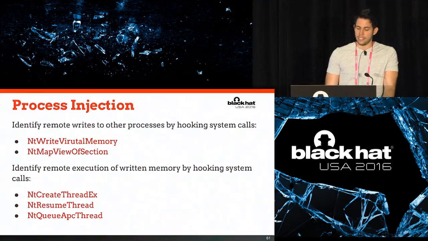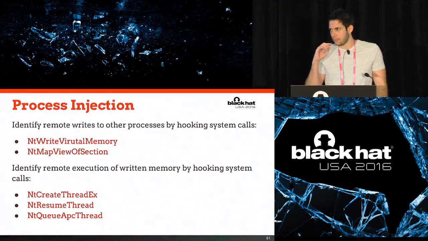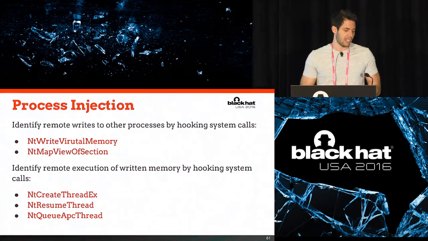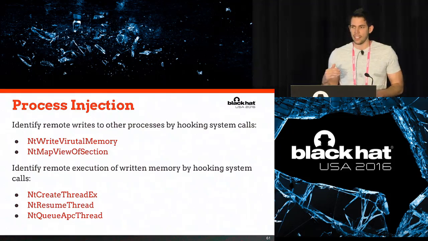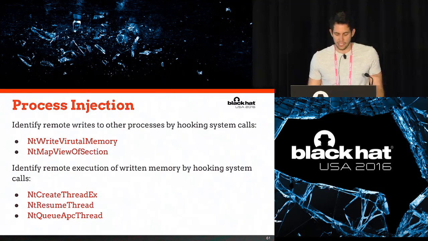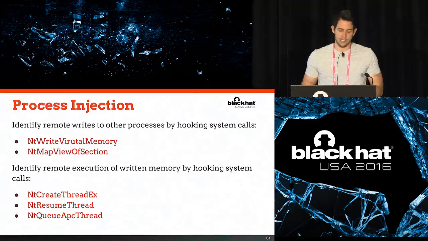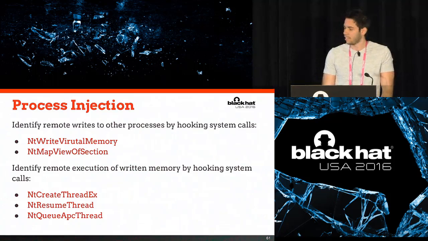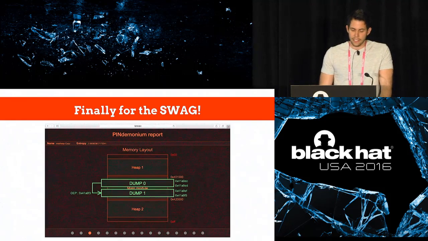So we decided to exploit the PIN hook functionality to hook all those functions useful to identify remote writes and remote execution. And then the basic idea behind the algorithm remained the same as if the execution and the write had happened in the same process.